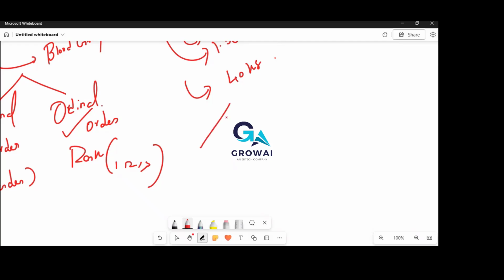A continuous variable can take any numerical value which is uncountable.